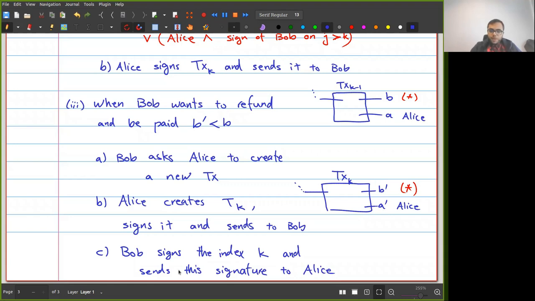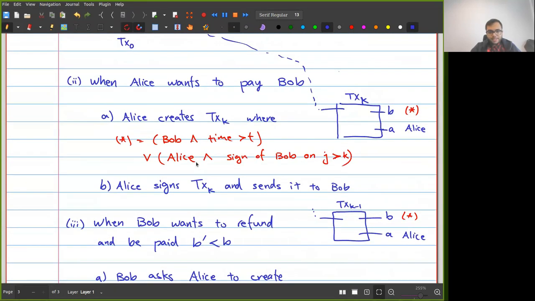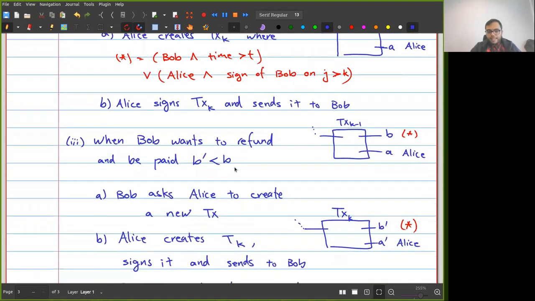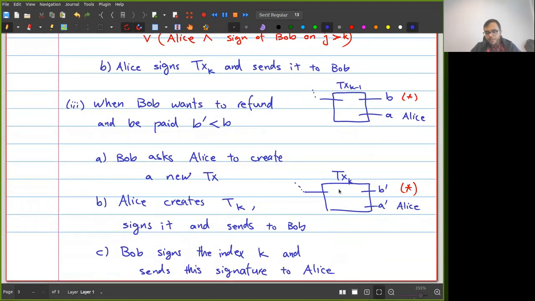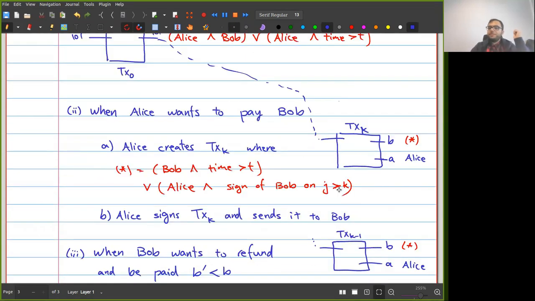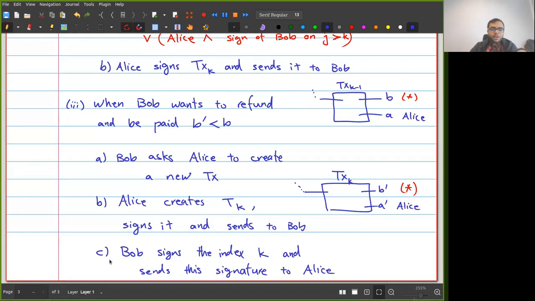Because when Alice receives Bob's signature on this index K, now Alice knows that Bob cannot use any of the transactions that had an index smaller than K. Because if Bob publishes any of the transactions that had an index smaller than K on the blockchain, then that transaction has this condition. And then Alice can just provide Bob's signature on this last transaction and get all the money. Okay, so this last part, part C, is basically Bob's commitment. He's committing that I'm not going to publish any transaction except for this last transaction.